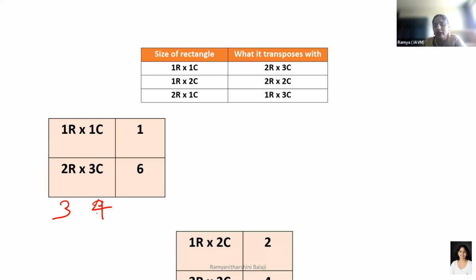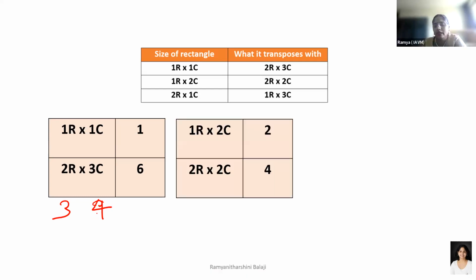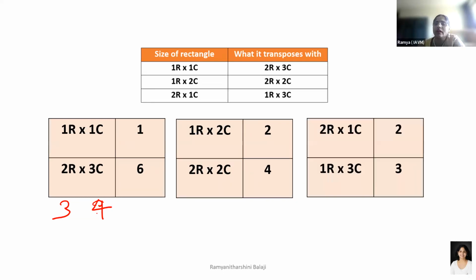So I could see the same kind of transposition happening. So 1 row into 2 column is transposing with 2 row into 2 column, and the numbers are transposing. So 2 row into 1 column, again, the total is 3 row. And then here you get a total of 4.